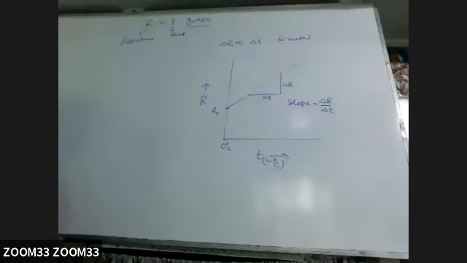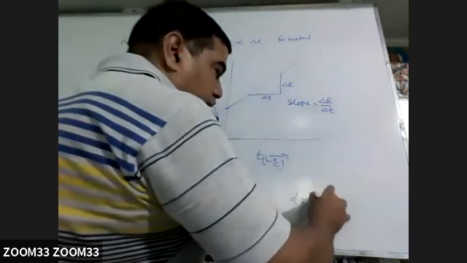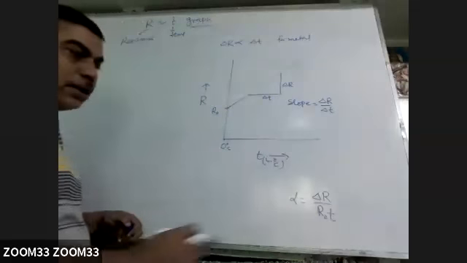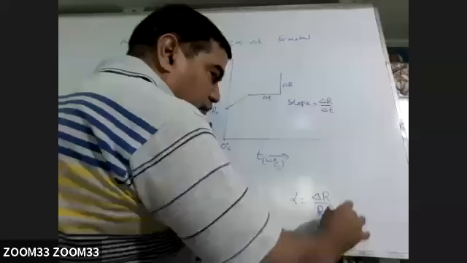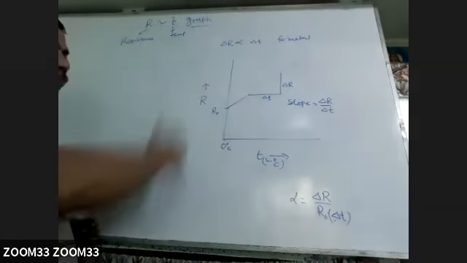What will be that? You have seen there what was the value of alpha? Alpha was delta R over R0 delta T, or simply T, because you have started from 0 degree.